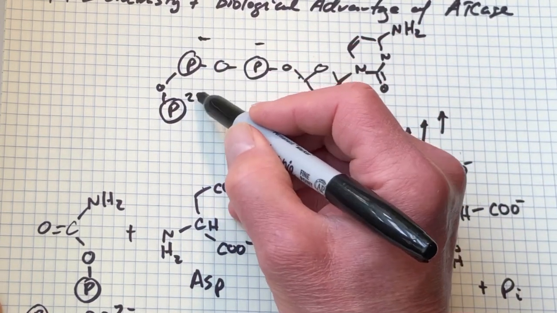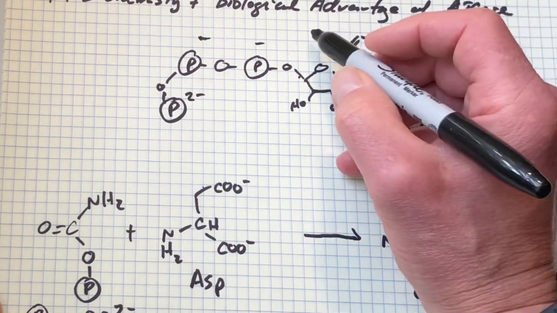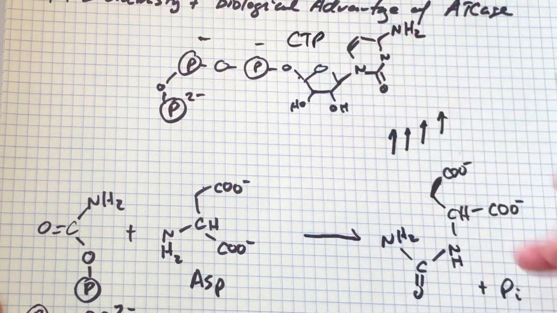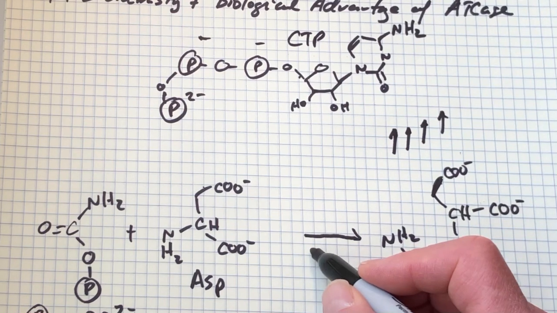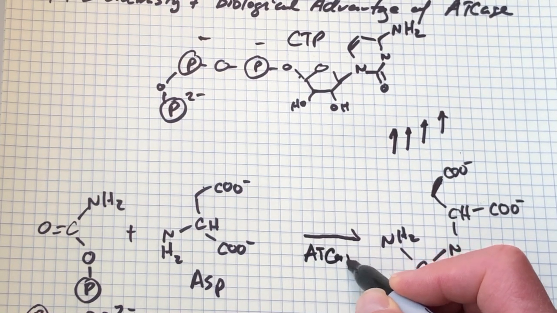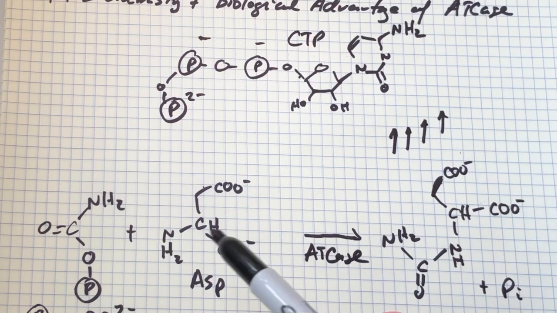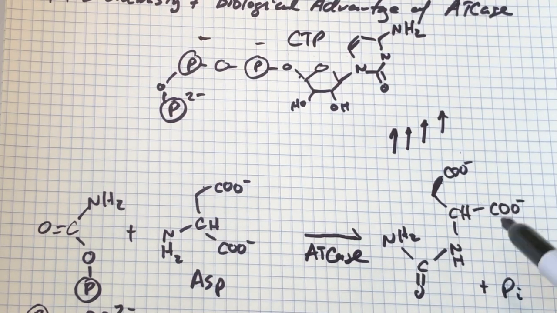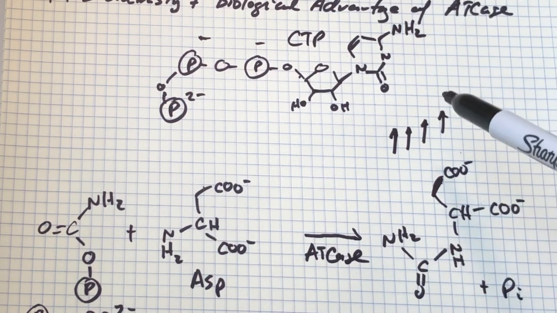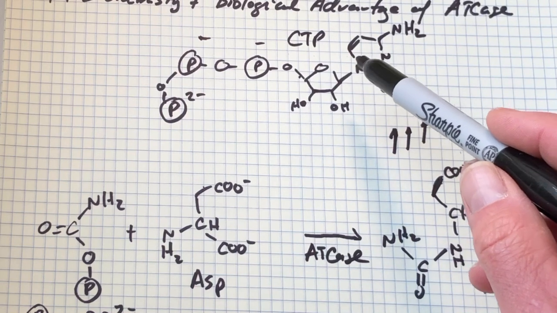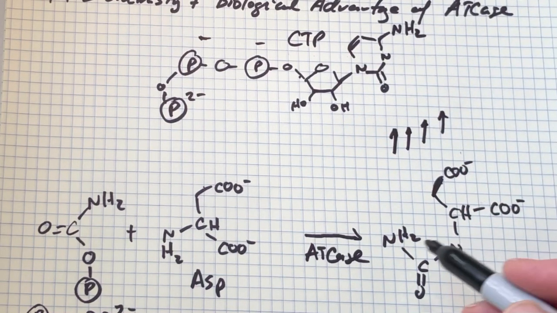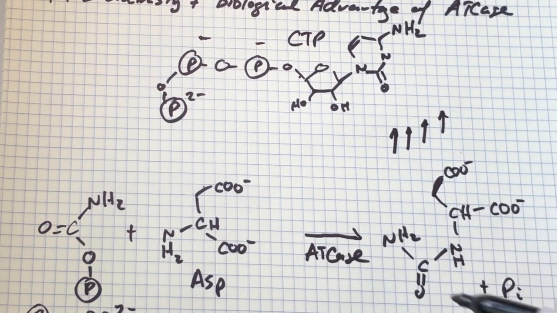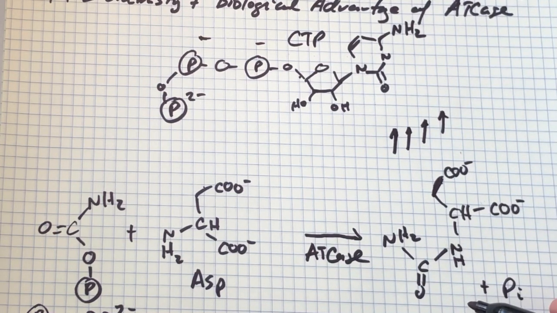Negative charges here. So this is CTP. And this first reaction, which is catalyzed by ATCase, is the first committed step in this biosynthetic pathway to make the pyrimidine CTP. And once we've made this molecule, there's no going back.